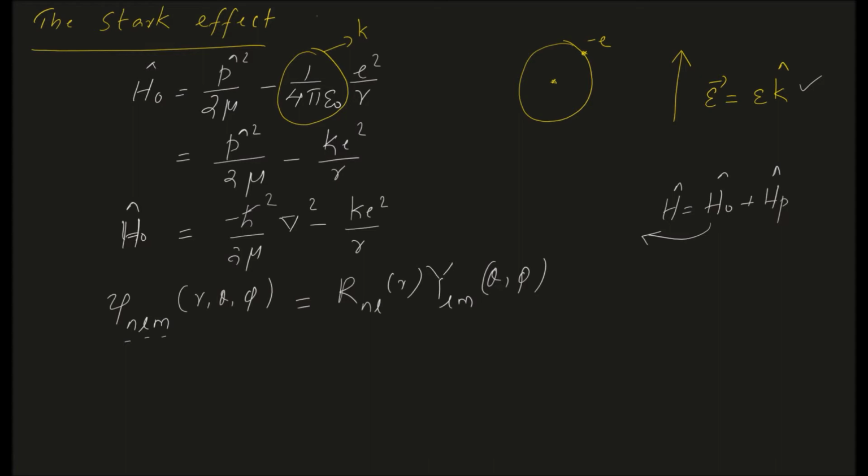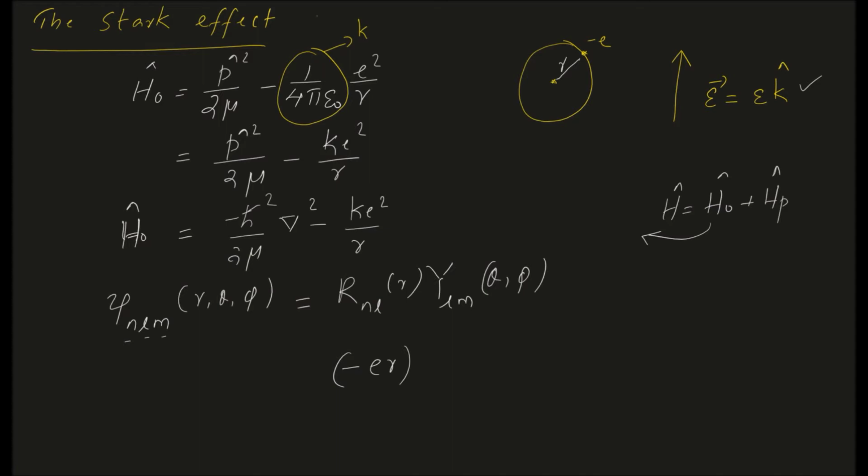The dipole is given by the charge into distance. If we take the separation between the nucleus and the electron as r, then the dipole moment is given by minus e r. So that is the dipole moment of the atom.